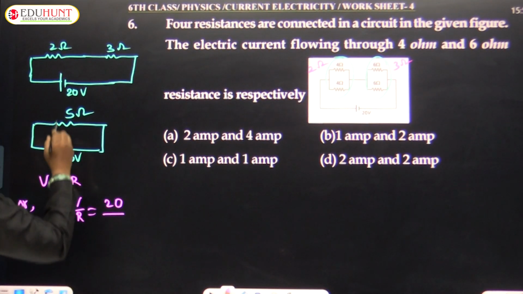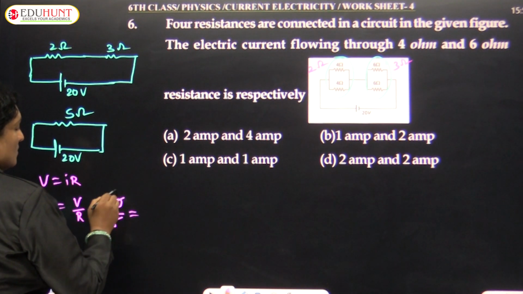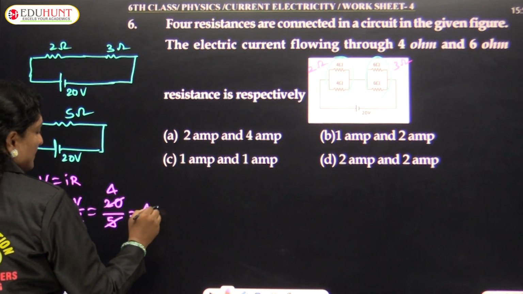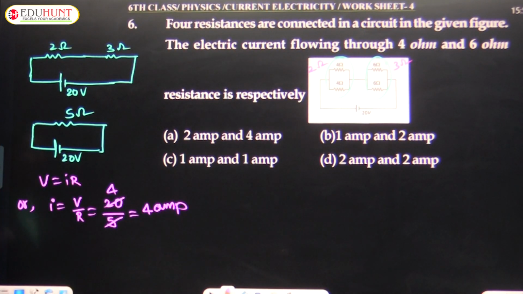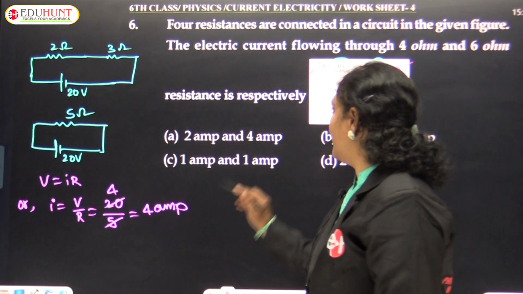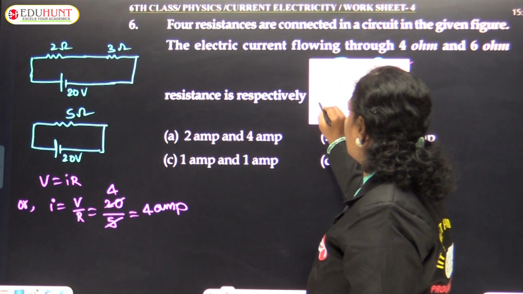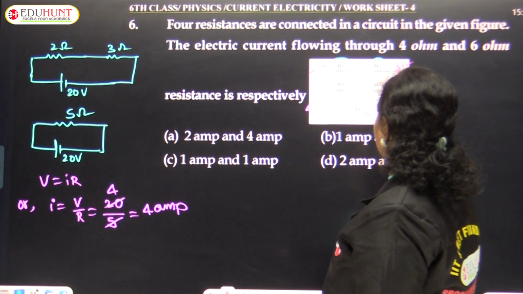And the resultant resistance is found to be 5 ohms. So, further solving it, we got the current as 4 amperes. So, how much current is passing in the circuit, children? A current of 4 amperes passes through the circuit.